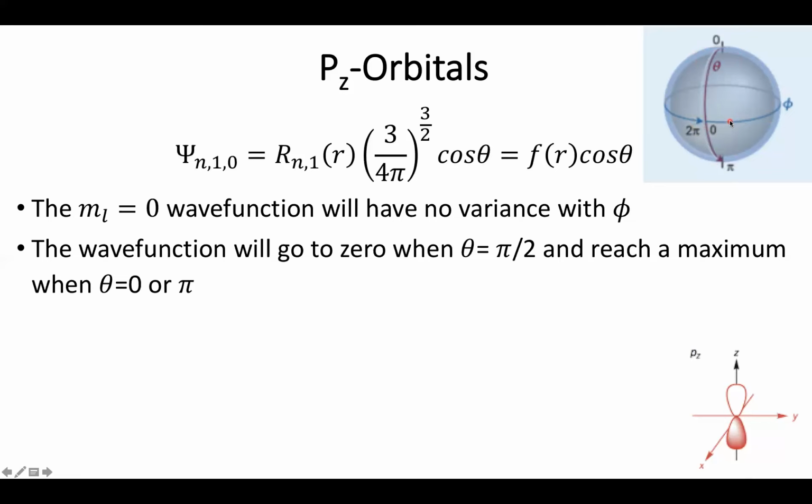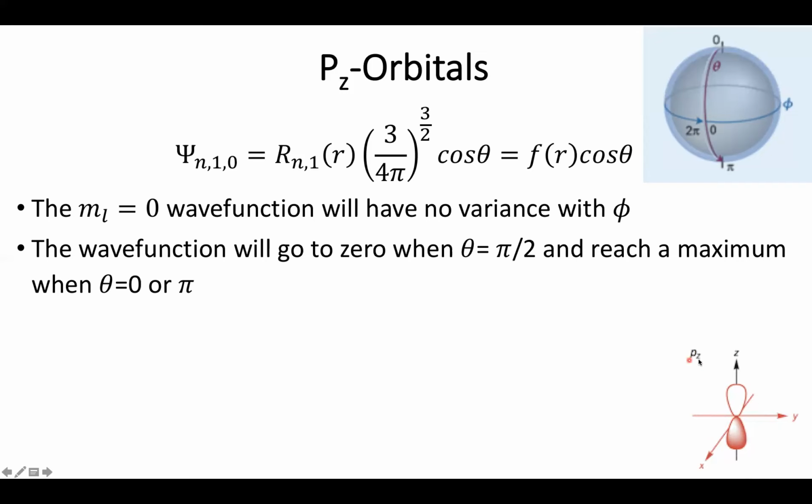This means I'm going to have a positive maximum along the positive z-axis and a negative maximum of the wave function along the negative z-axis, and almost nothing in the xy plane.